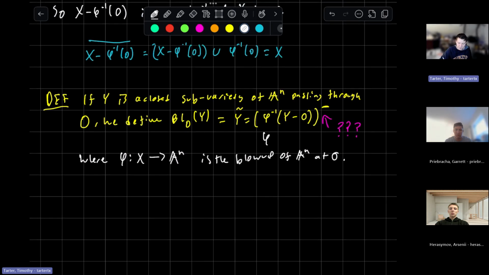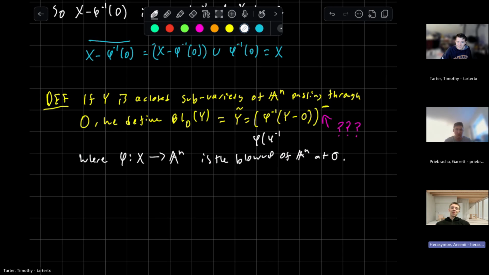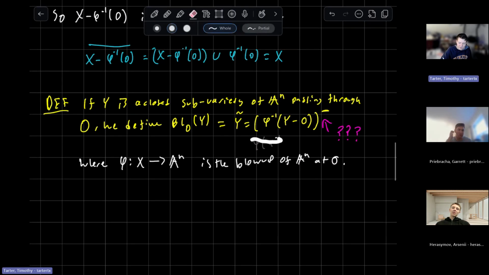Maybe they were trying to save space and say minus one, minus one, because that makes sense. It sends it back to A^n. But why not just say phi of phi inverse? Maybe it's just a typo. It seems pretty intentional. I don't know.